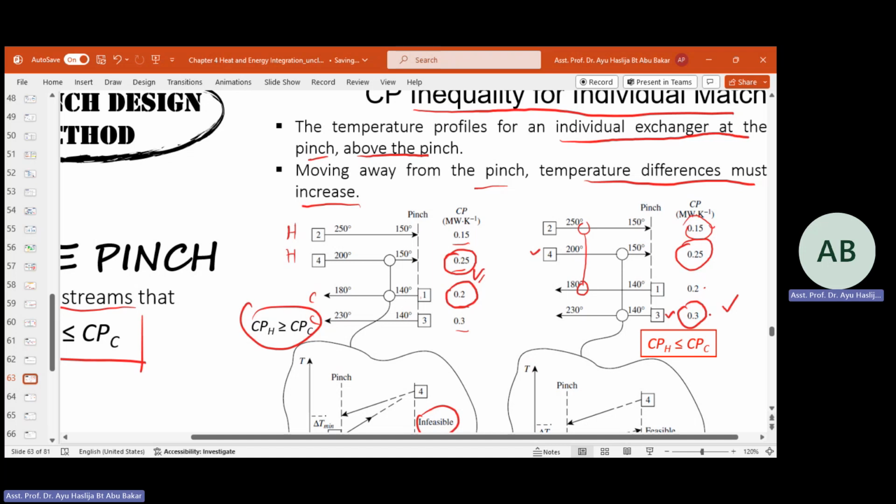CPH smaller than CPC. Up to here again, CPH smaller than CPC. That is above pinch.